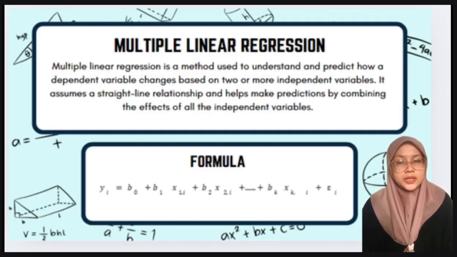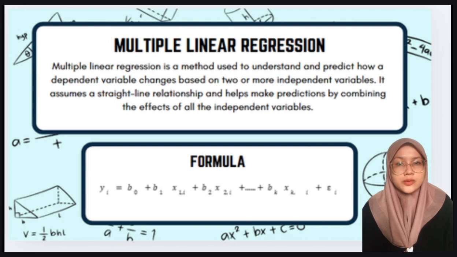Now, let's look deeper into understanding multiple linear regression or MLR. MLR helps us analyze the relationship between one dependent variable and multiple independent variables. It is especially useful when we want to see how several factors together influence an outcome.